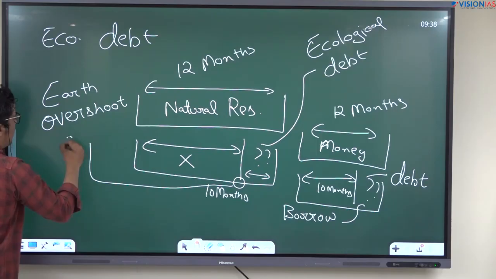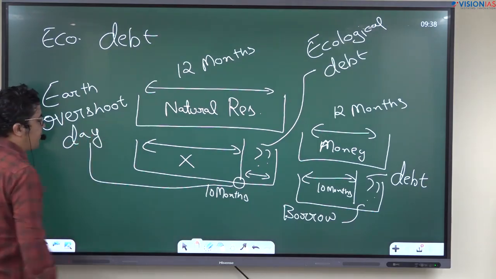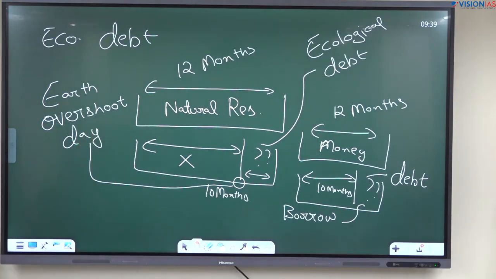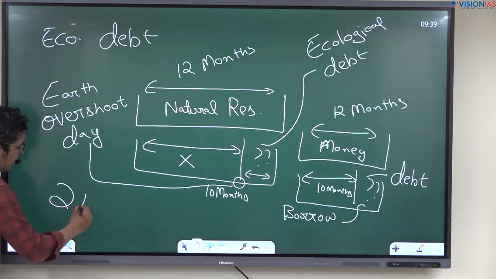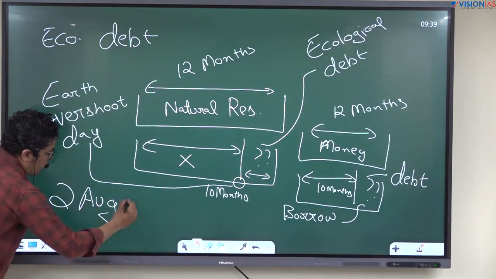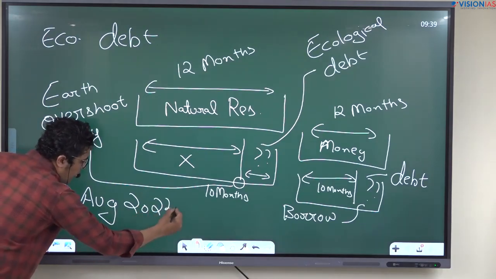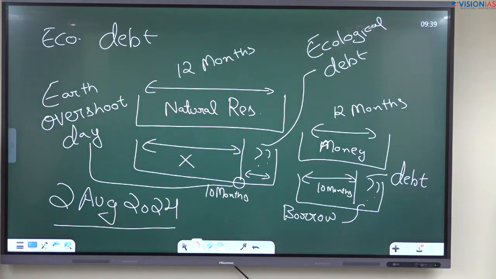Earth Overshoot Day. So the day when you enter ecological debt is observed as Earth Overshoot Day. For example, last year, 2nd August 2024 was Earth Overshoot Day.